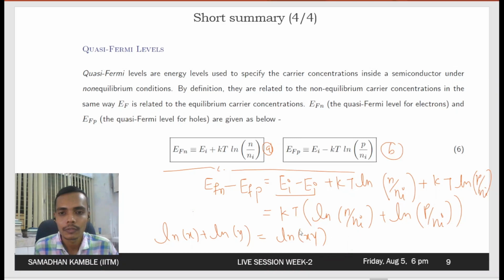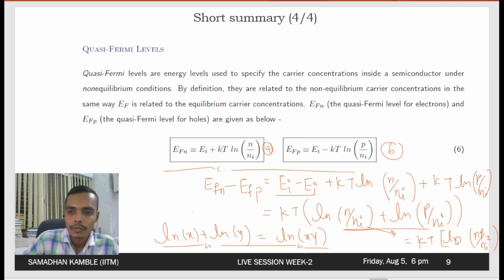This is an elementary concept to remember. So this actually becomes kT times ln of np over ni square.